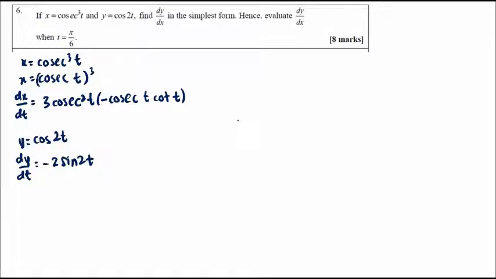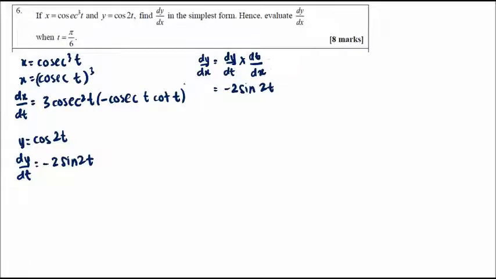The question asks us to find our dy/dx. To get to dy/dx, we need the chain rule: dy/dt times dt/dx. Dy/dt we can substitute with negative 2 sine 2t.